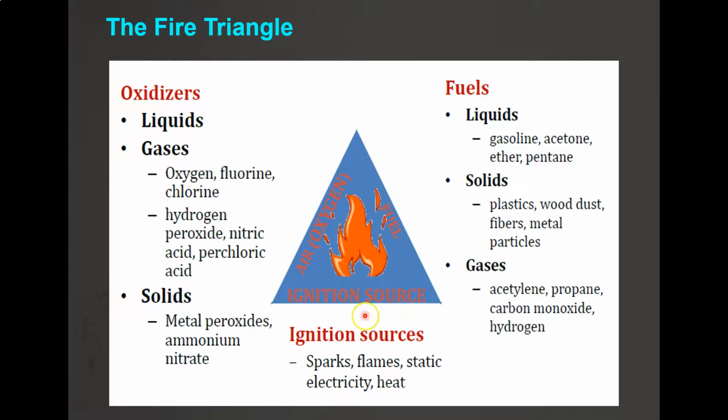And last, the third part of the fire triangle is the ignition sources. It could be in the form of sparks, flames, static electricity, and also heat. So we will look further at the ignition sources for the majority of fire accidents.